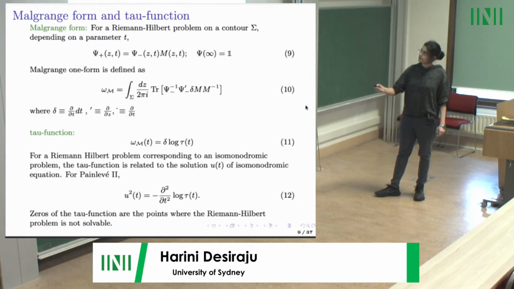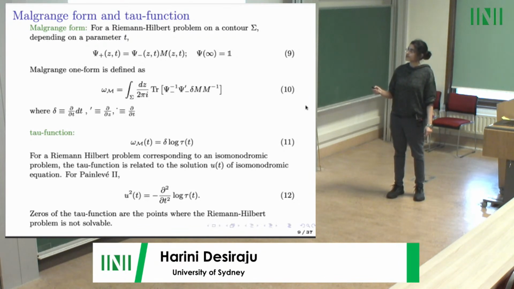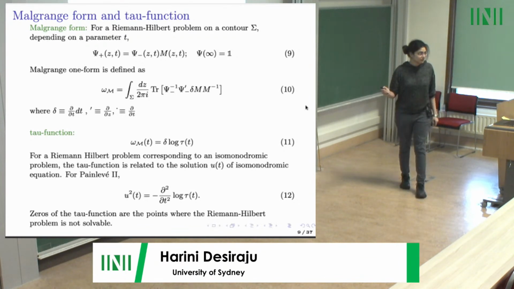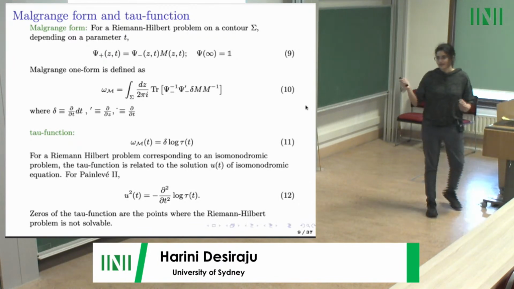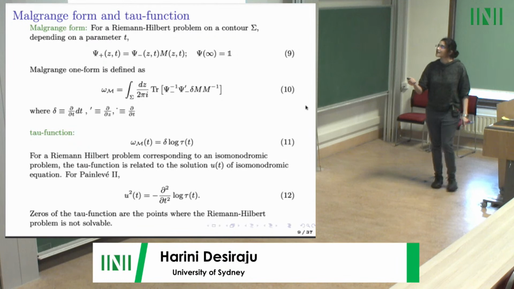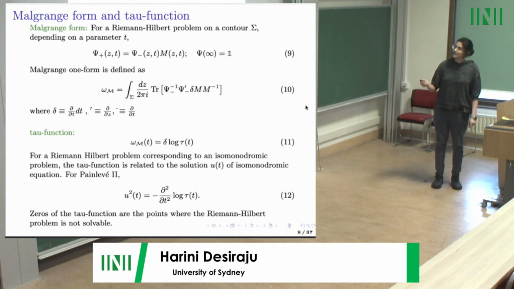The terminology of one form can be ignored for the purposes of this talk, but it is still an important notion. It tells you when you have a wrong equation, you can immediately check and see what you have. So that's the analytic purpose of this one form. So you can define such a quantity that is the integral depending on the jump and the negative part of the solution, which is coming from here.